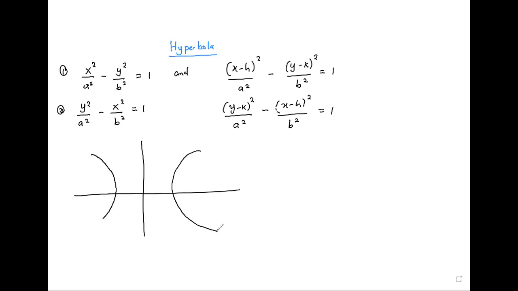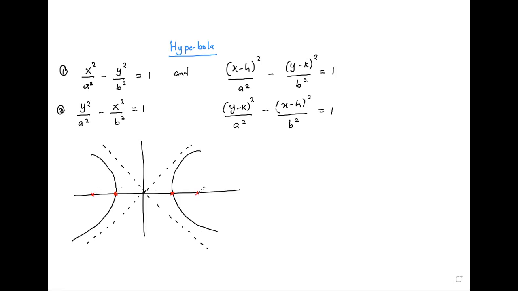Then it will have the lines that we call the asymptotes. Then it will have the vertices, so we'll have a vertex here and a vertex here. We'll have the foci.